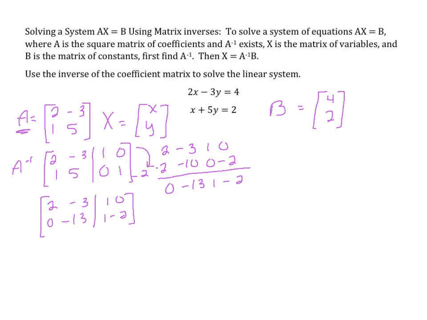We also need a 0 in the -3 position. Since they're both negative, I'm going to need to multiply one of them by a negative number. And if I look at 3 and 13, 39 is going to be their least common multiple. So we'll multiply the top by 13 and the bottom by -3 and add the bottom to the top.